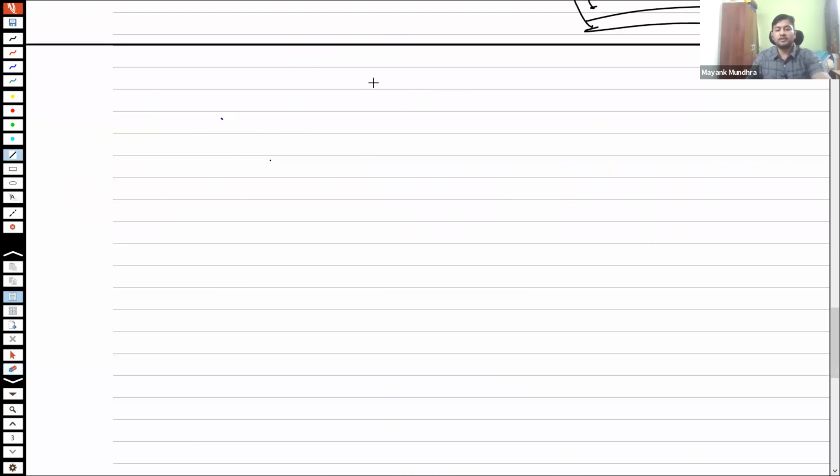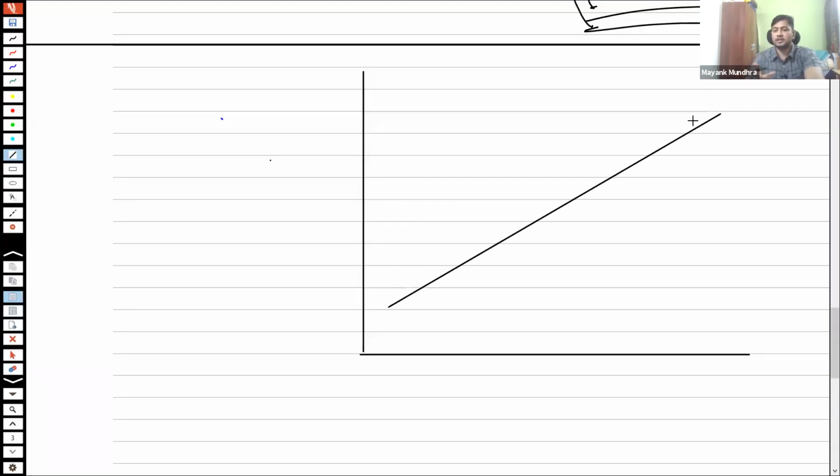What he's saying graphically is, suppose I take a very simplistic linear function, because linear functions have inverses very straightforwardly. So linear functions always have inverses. So this is, let's say, my point c, and this is, let's say, my point f of c. Suppose this line is your line y equals mx plus c.